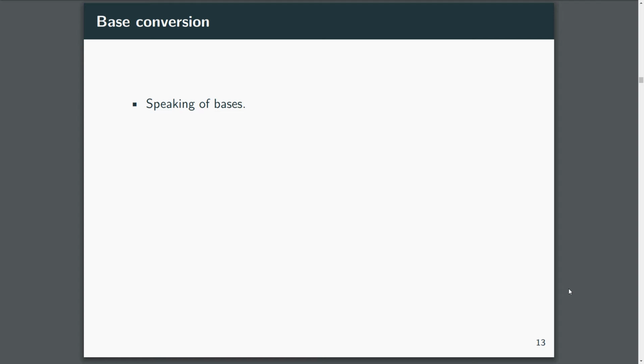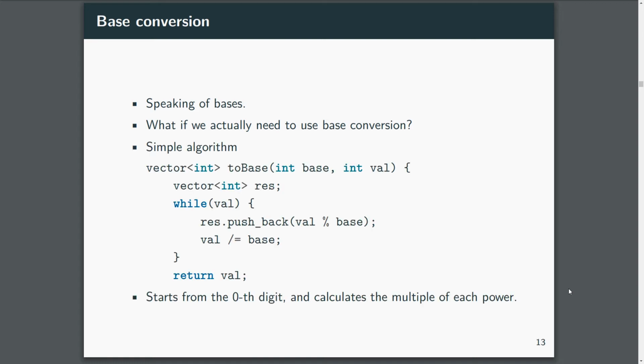Since we're on the topic of bases, let's look at another thing. What if we actually need to convert bases with numbers? So there's a simple algorithm for that. We take as input a base and a value, and while the value is non-zero, we push back the remainder of the value modulo the base, and then we perform integer division on the value.